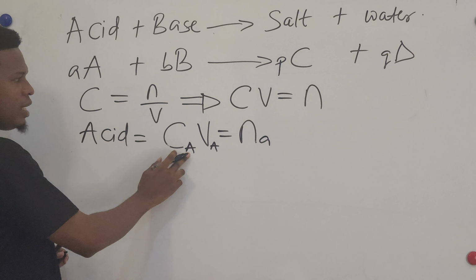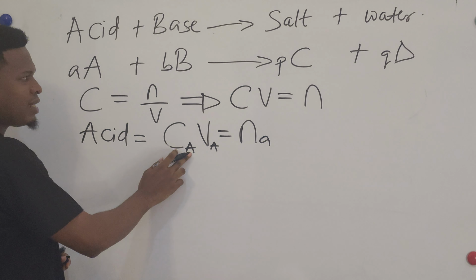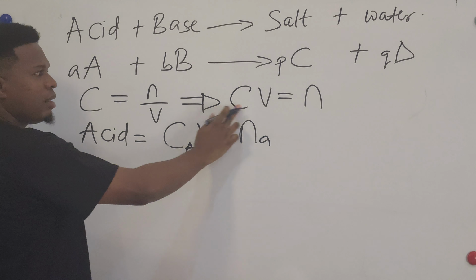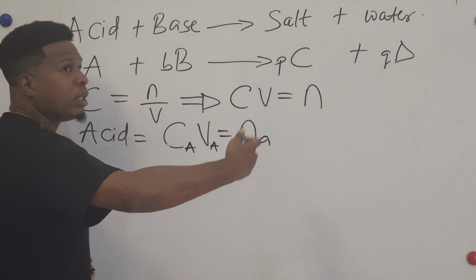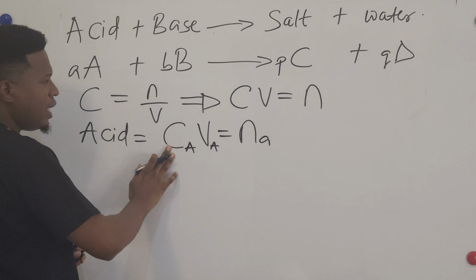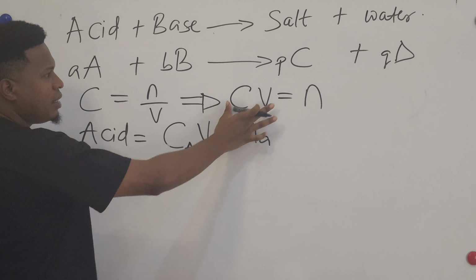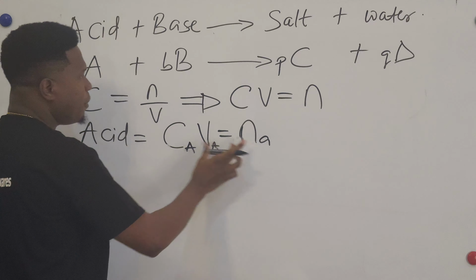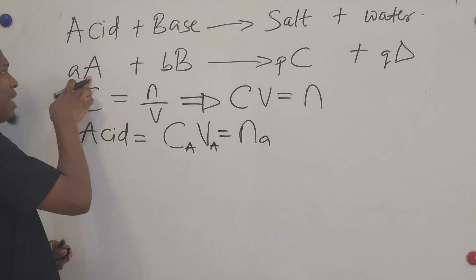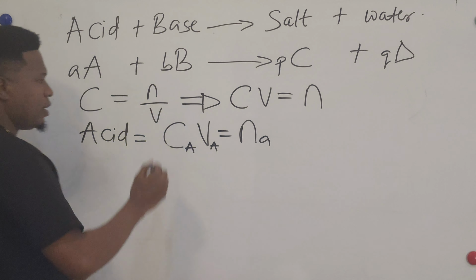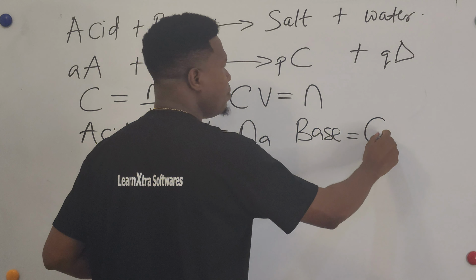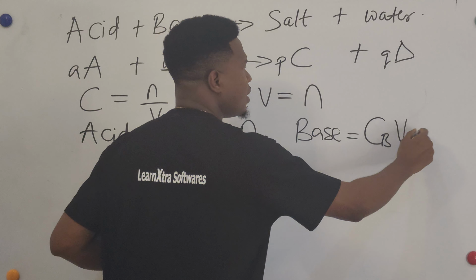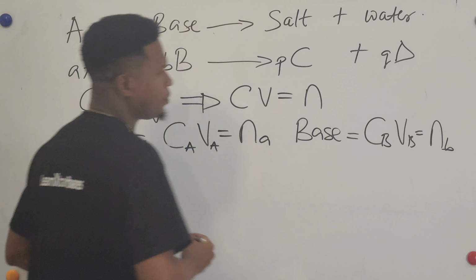Take note, the Ca means the concentration of the acid, and Va stands for the volume of the acid that is needed for the reaction to proceed. So CaVa represents this. Na represents the number of mole of the acid that reacted with the base. If you carry out the same thing for the base, we have CbVb is equal to nb.